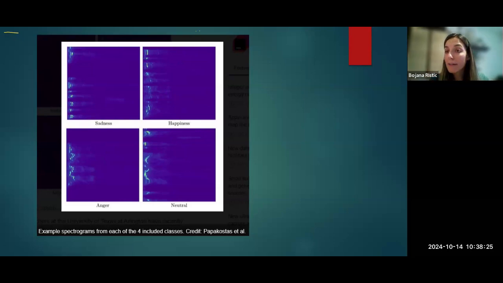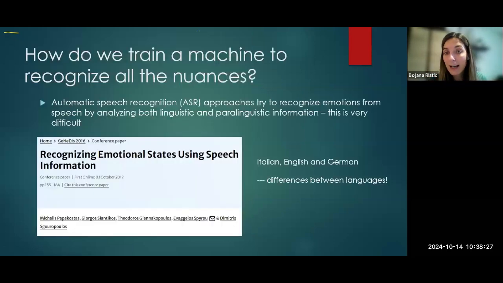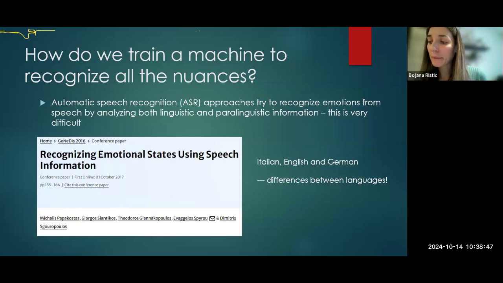So what they realized, of course, is that, wow, this is very difficult. And why is it difficult? It's difficult because these things differ across languages, as well as, languages differ, also even gestures differ. I think we also talked about it at some point. And paralinguistic information differs too, right?